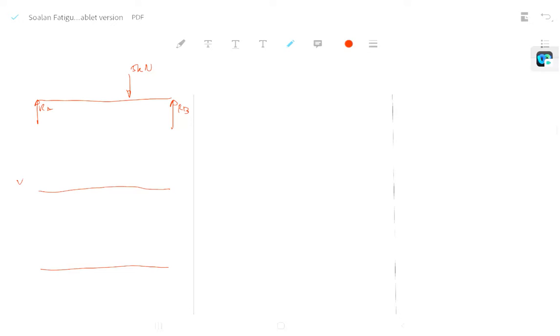RA is 1750, RB is equal to 3250. So 1750 straight, go down to here.